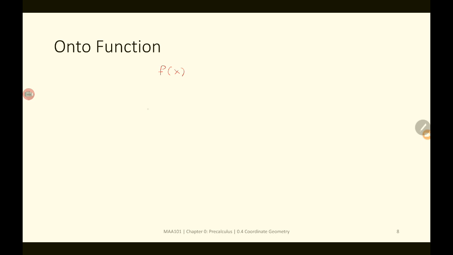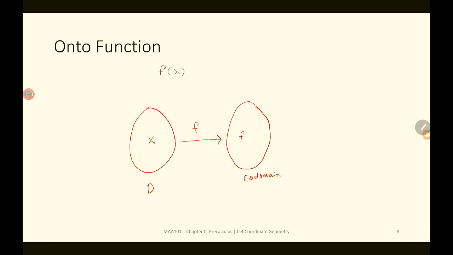Given a set with x here, this is called the domain. Then we have the function f, which maps into another set called the codomain. Inside here is f of x.